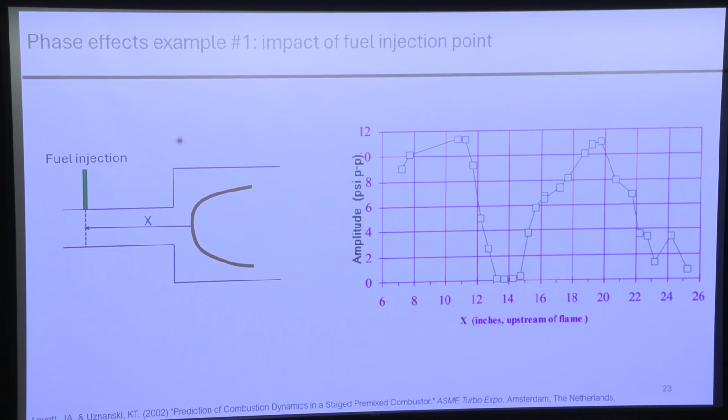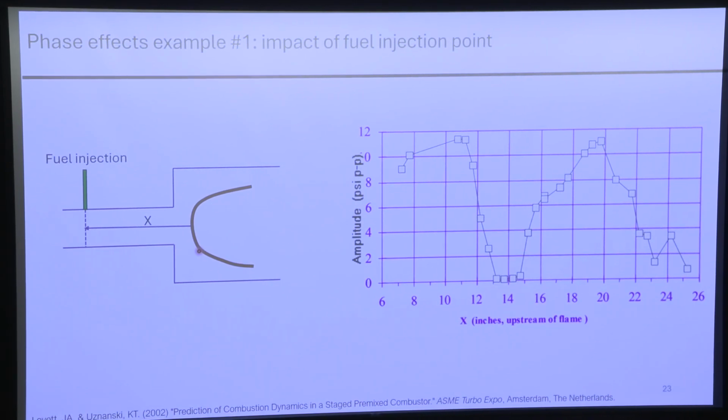is over here you have the flame, and you have some fuel injection point, which basically determines the phase between the heat release rate fluctuation and the acoustics. We'll see why this matters. The acoustics don't change as you change the location of fuel injection.